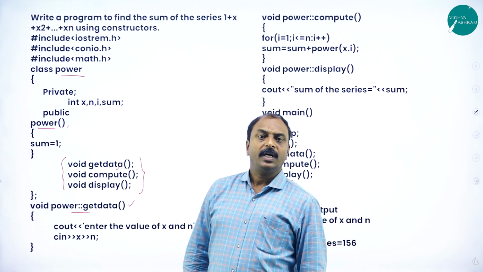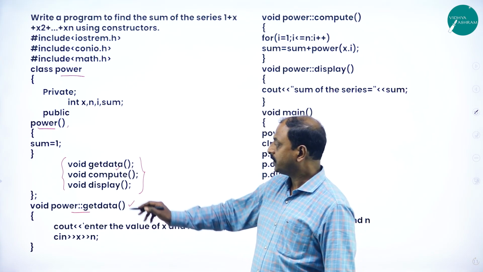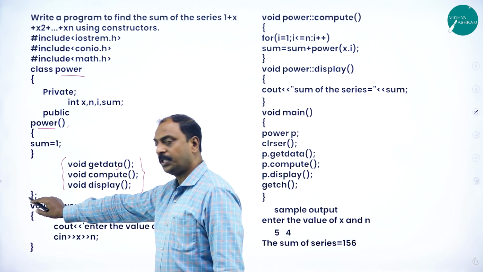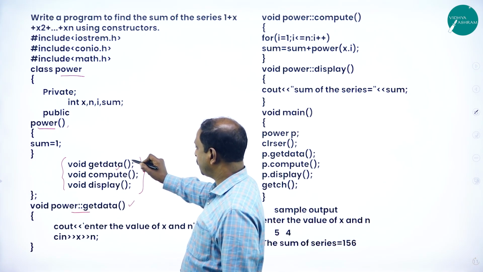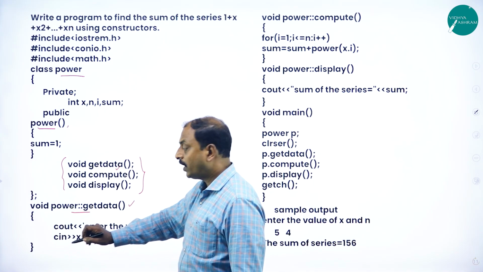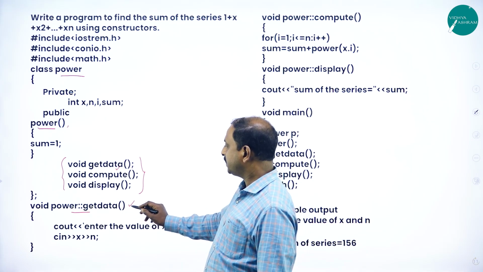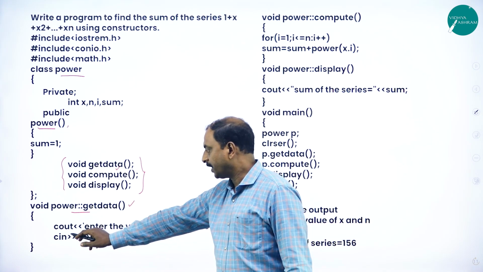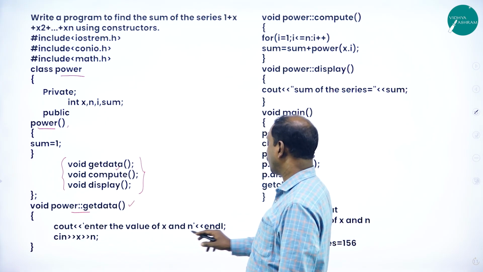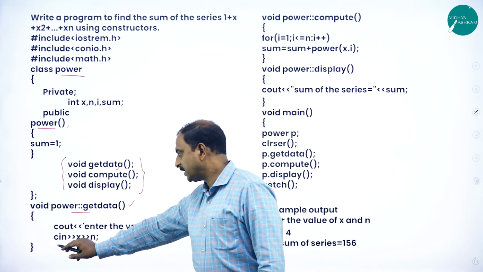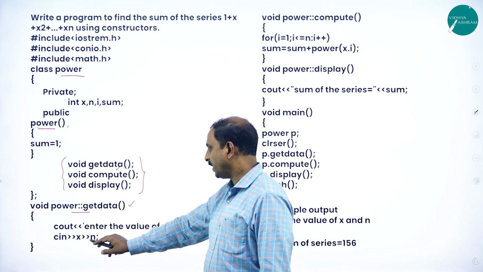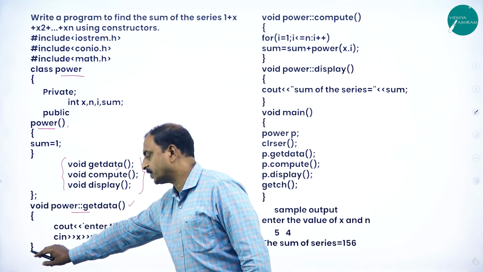So we are defining the function outside the class. The class is closed here. We are defining this function outside the class through the scope resolution operator. Inside the function we are writing the statement cout enter value for x and n, and we are accepting cin x and n and closing the function here.